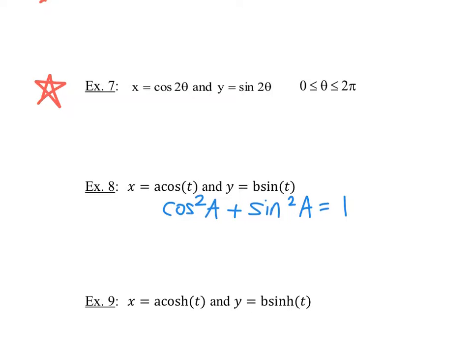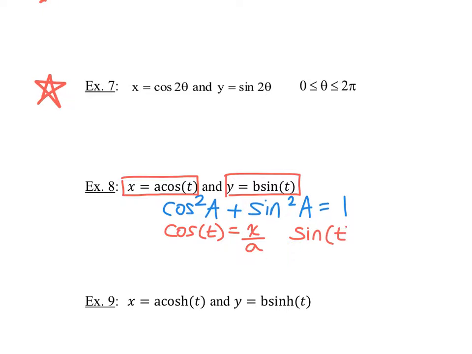So what I'm going to do is manipulate these so that they're solved for cosine and sine respectively. In the case of the first equation, all I'm doing is dividing out an a. So cosine of t is equal to x over a, and sine of t is equal to y over b.